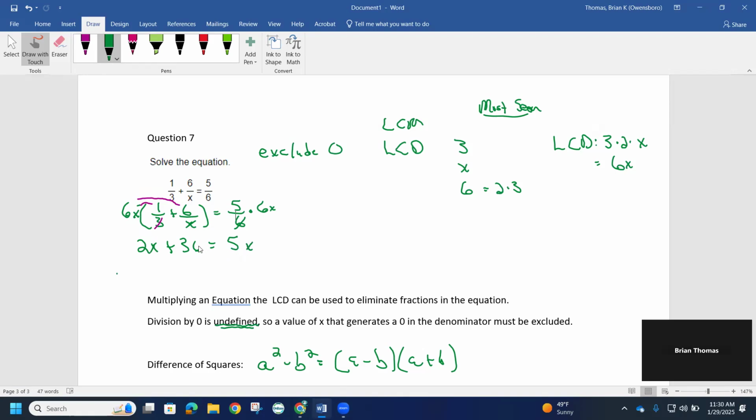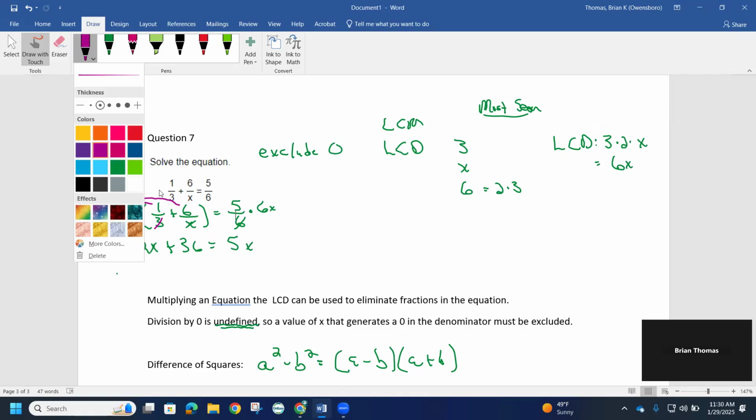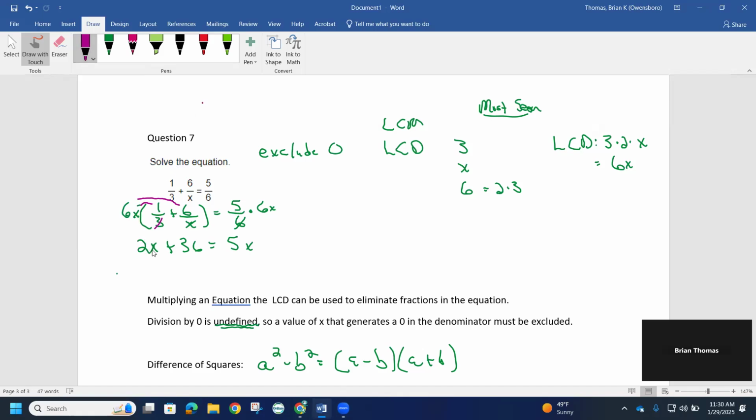So my new equation doesn't have any fractions in it. Now, since it's linear, what we want to do is get the x's on the same side of the equation. So I pick on the little guy. To get rid of this 2x, I can subtract 2x here as long as I subtract 2x over here to zero that out. So this turns into 36 over here, and 5x lose 2x gives me a 3x.